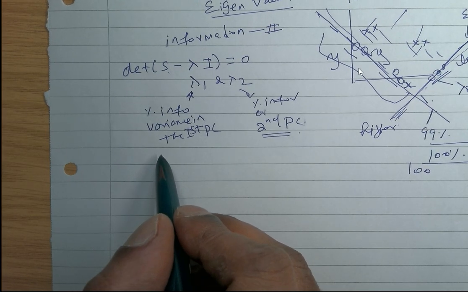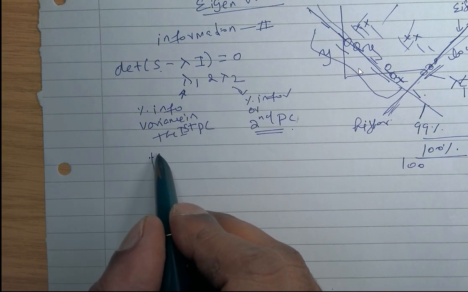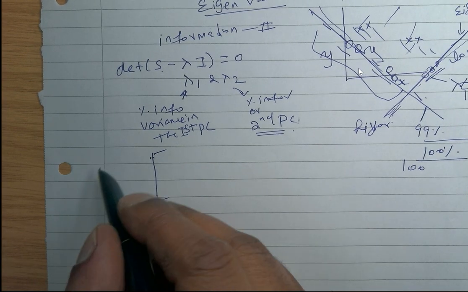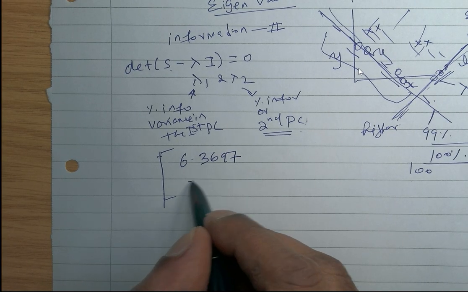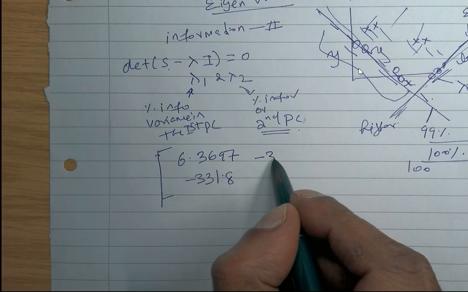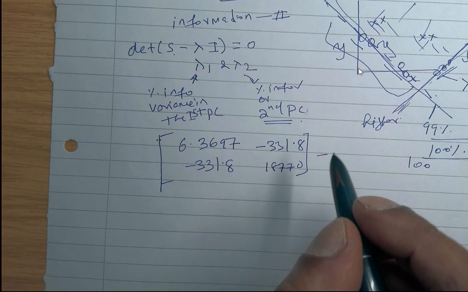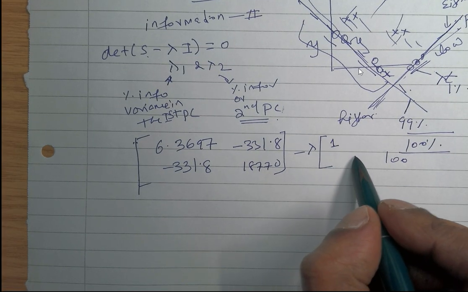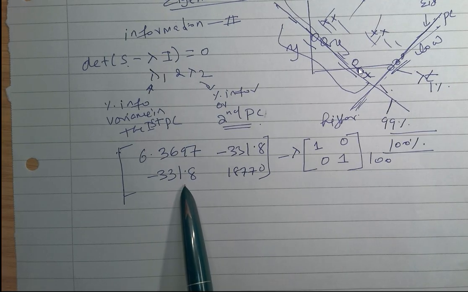So let's calculate the determinant. Our S value is the covariance matrix, which we just calculated: 6.3697, minus 331.8, minus 331.8, 18770. Then minus lambda times I, where I is the identity matrix, so the diagonal elements will be 1, and the size of the identity matrix equals the size of the covariance matrix.